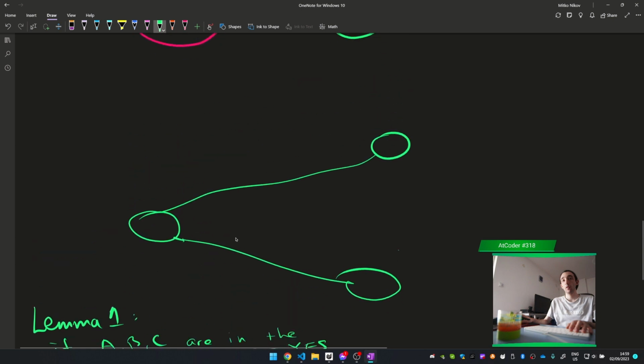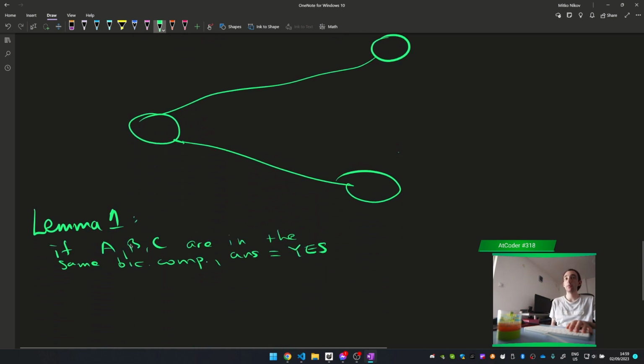What if they're all in different biconnected components? Is this kind of a case where there has to exist a simple path? Okay, what if A and B are in the same biconnected component?